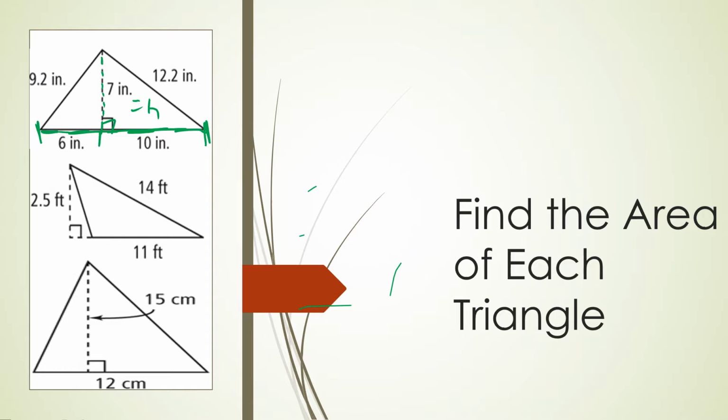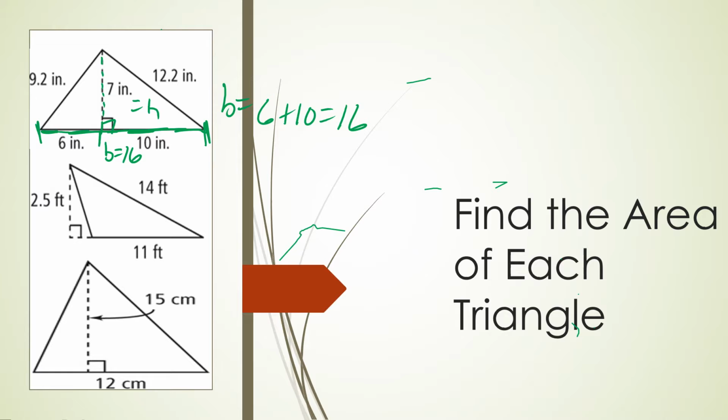On the other side, I have 10 inches. So my entire base is going to be those two added together. That'd be 6 plus 10, which is 16. So in this case, my base is equal to 16.